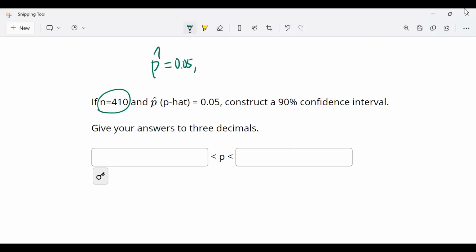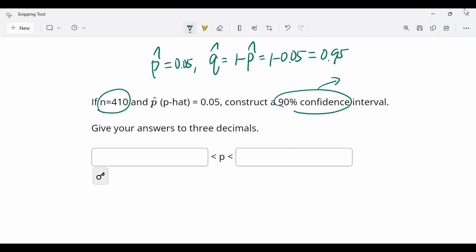P hat is 0.05 and q hat, the complement, is 1 minus p hat, 1 minus 0.05, 0.95. And we also know the 90% confidence. That means we know the critical z-score, z sub alpha over 2, will be 1.645.